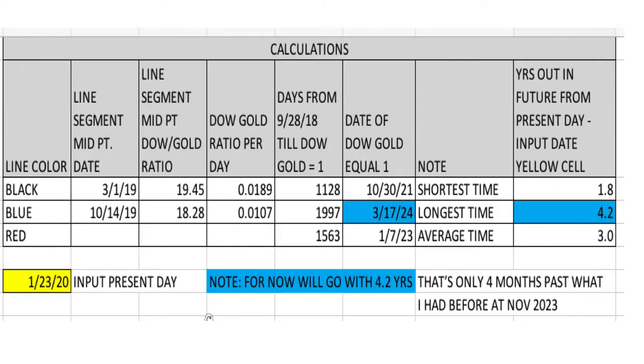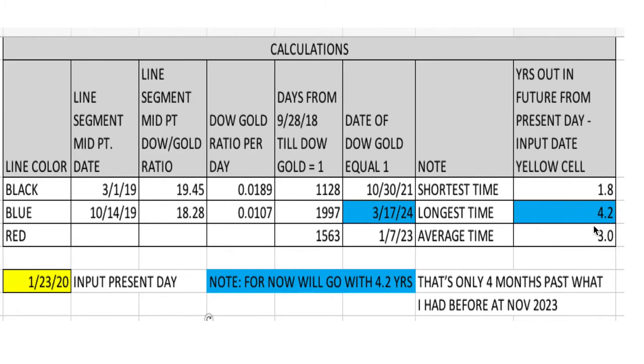The whole purpose of this is just to get comfortable with a date because, if I think it's going to be somewhere, and I've said this before, 3 to 5 years out, this kind of falls into that category. And I know I have to have patience because that's 4.2 years in the future.